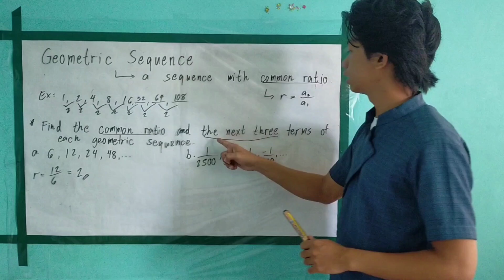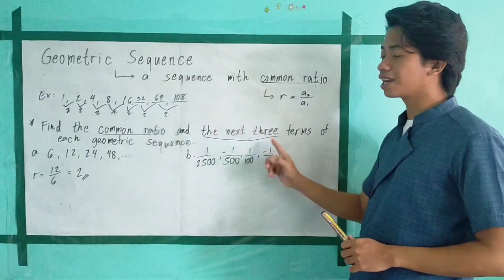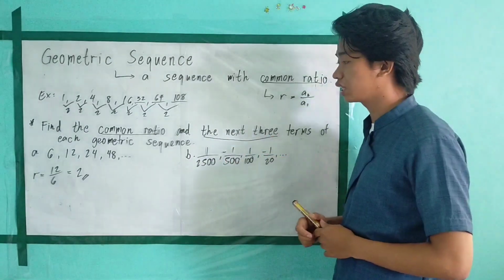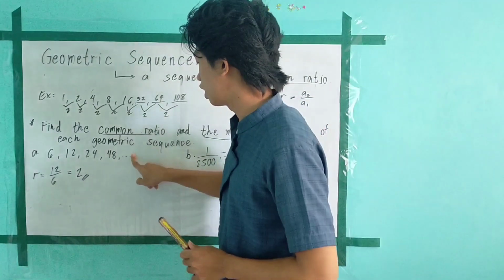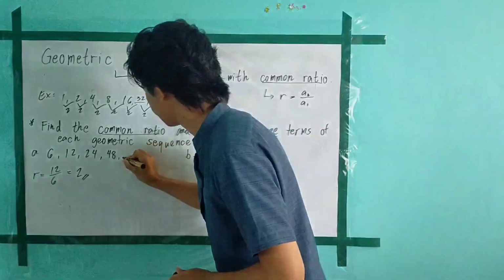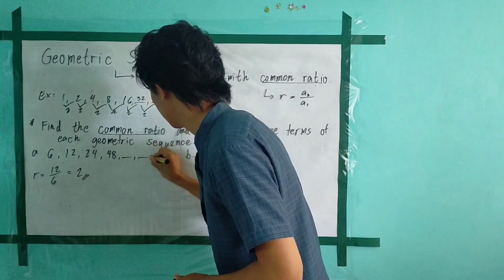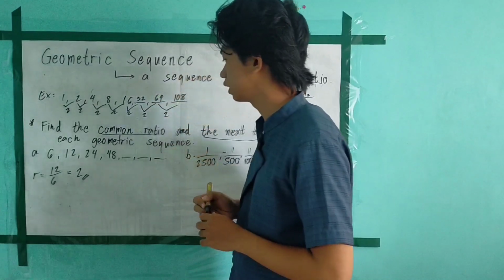Next, determine the next 3 terms, or find the next 3 terms. Alright, let's label them 1, 2, 3.